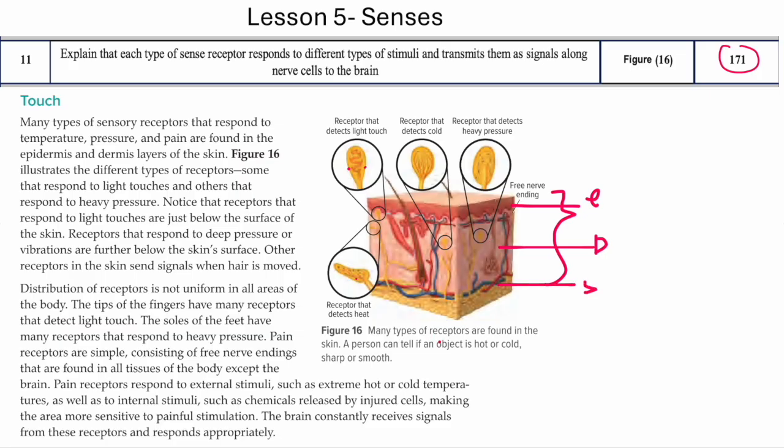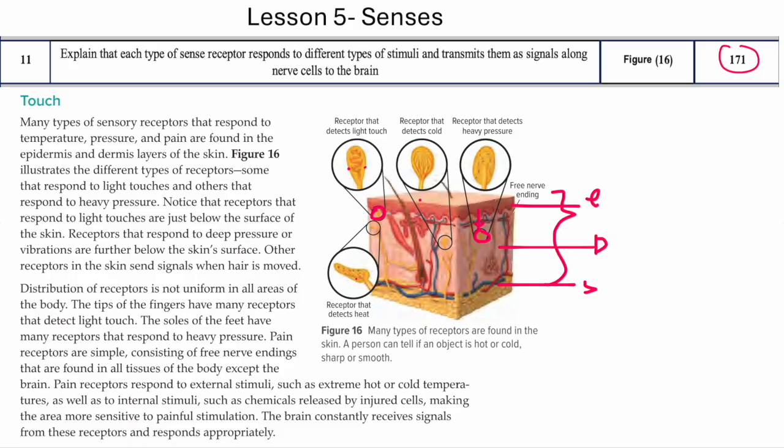And many types of receptors are found in the skin, and you can see that the receptor for the light touch is just beneath the epidermis. It is just under the covering of the skin, and this is for the light touch. And in the dermis it is for the heavy pressure. When the heavy pressure is applied, only then the nerve impulse will be created here.